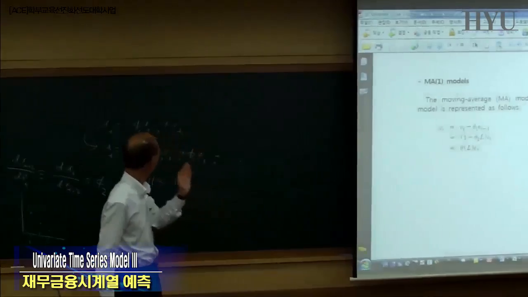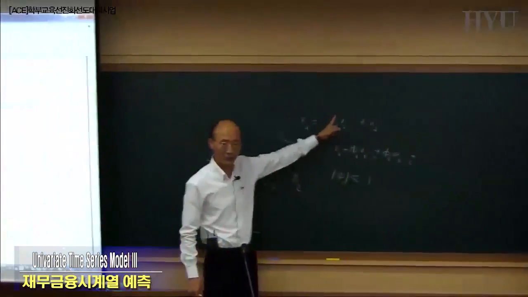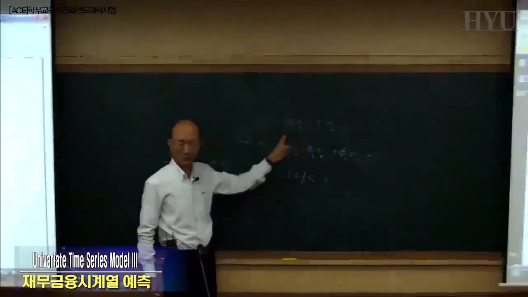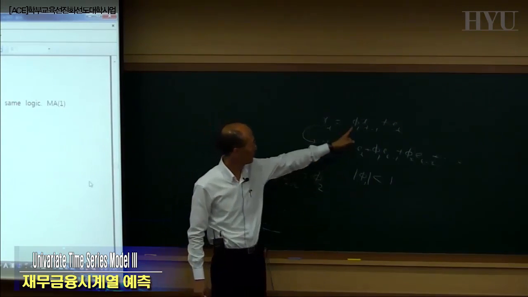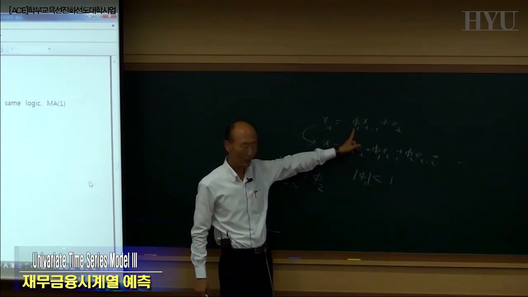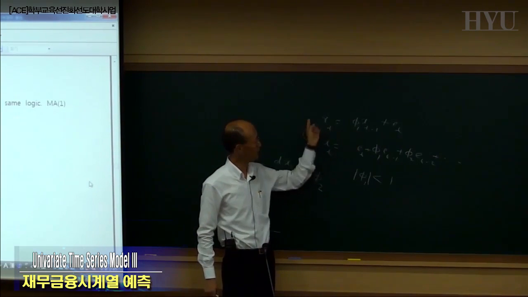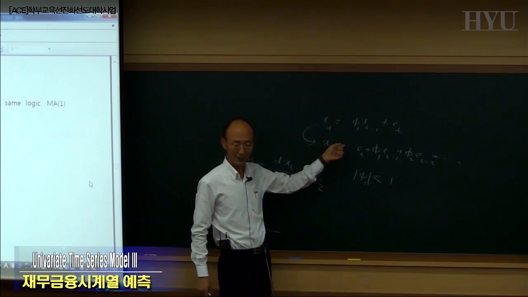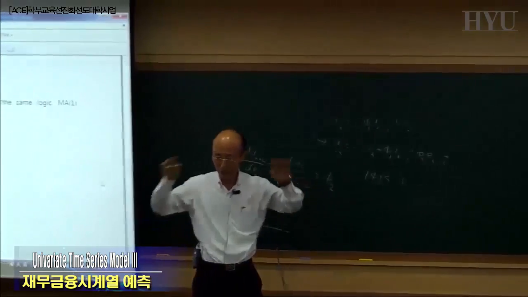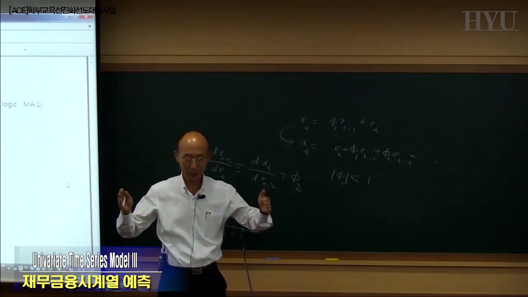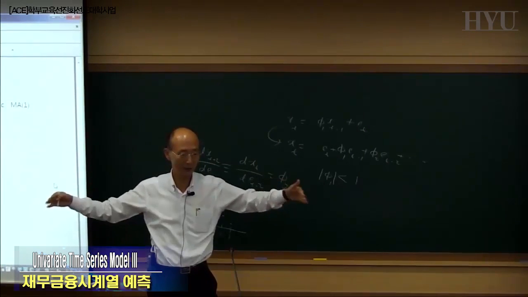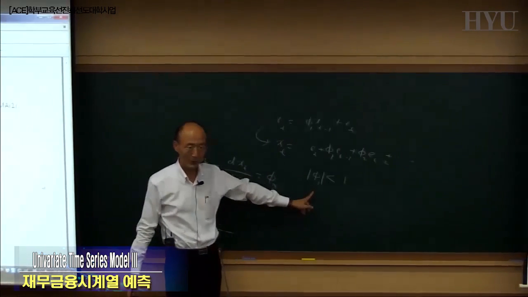In an AR1 process, if this is 1, it is not stationary, right? If this one is 1, the root of this AR1 process lies on the unit circle, right? It has to be outside the unit circle.